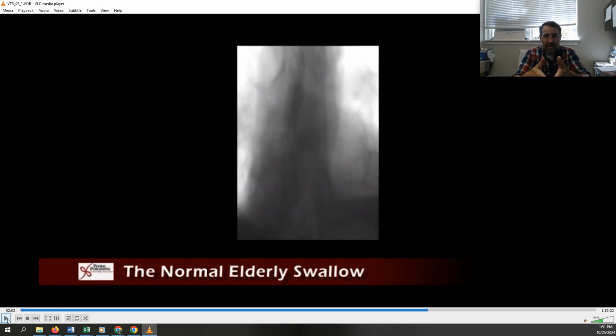And then it comes back together at the UES and then passes into the esophagus as a single thing. So when you're watching the coronal view and you see what seems to be the liquid bolus splitting and then coming back together, that's exactly what's happening. That bolus is flowing around the epiglottis, around the airway.